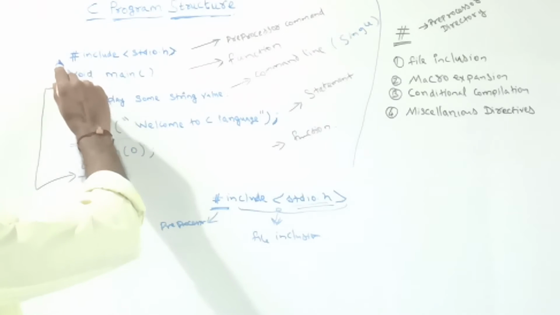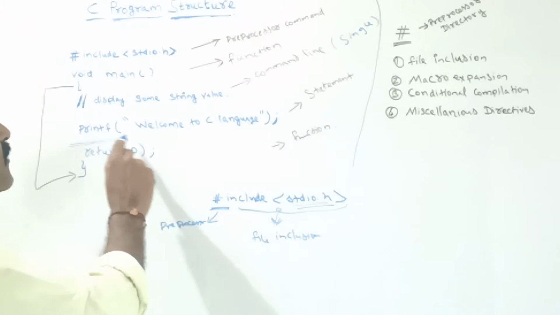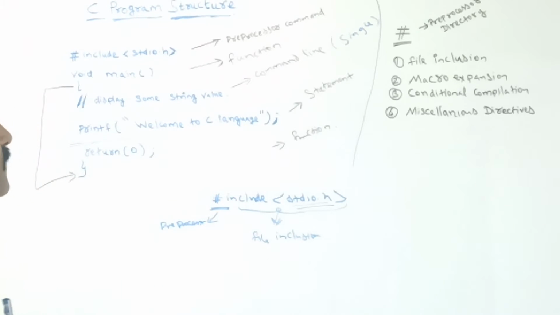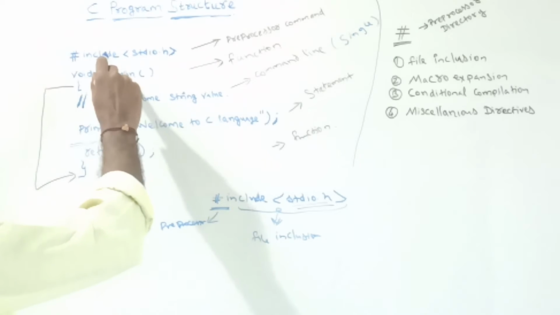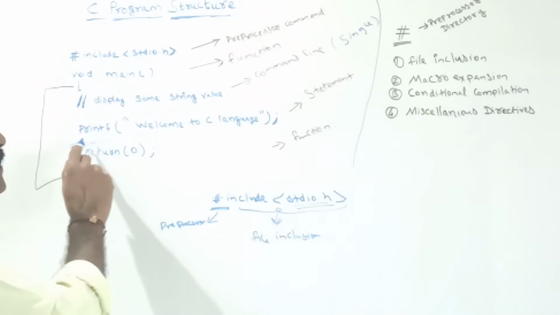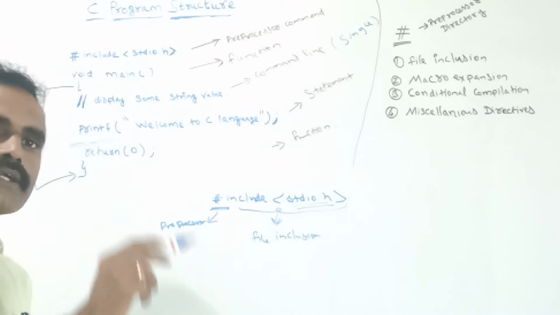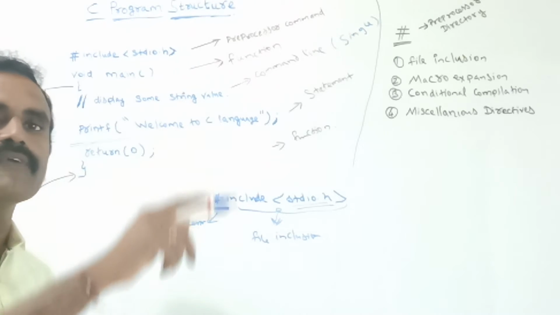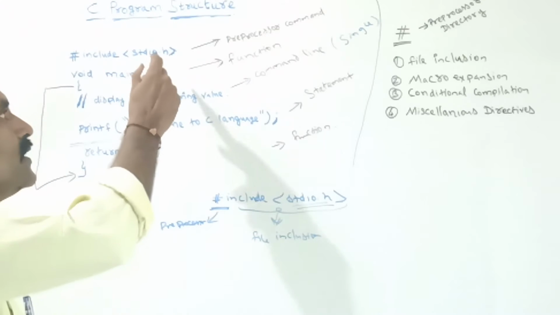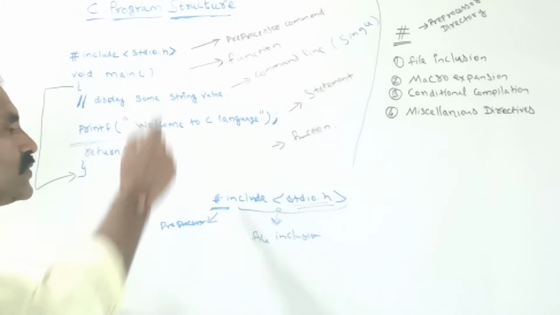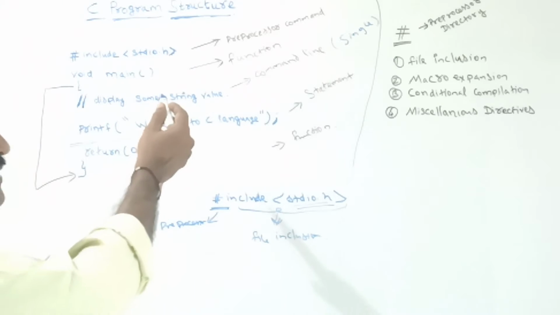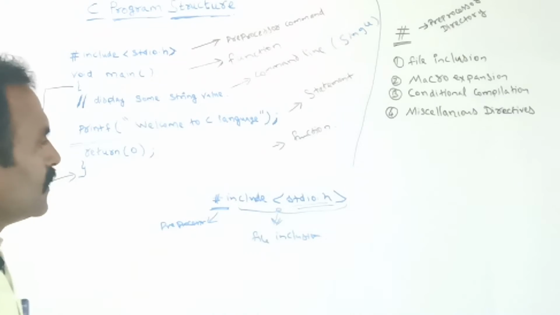If you are not including this header file, at that time it will show an error. So whenever we are using a built-in function, the corresponding header file should be included in the source code, the code written by us. So this one is known as file inclusion.